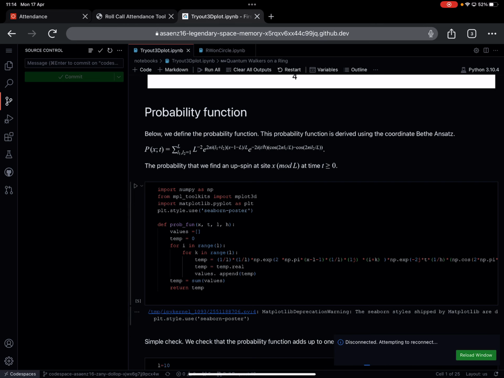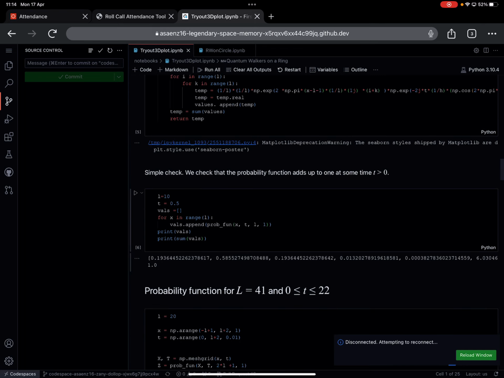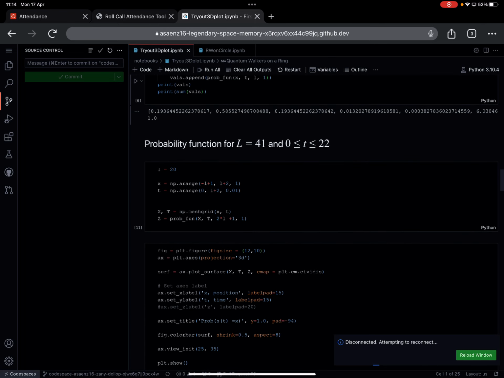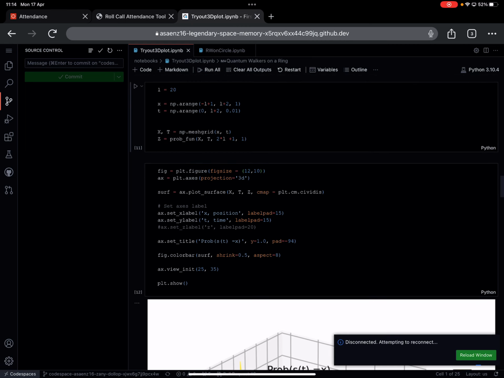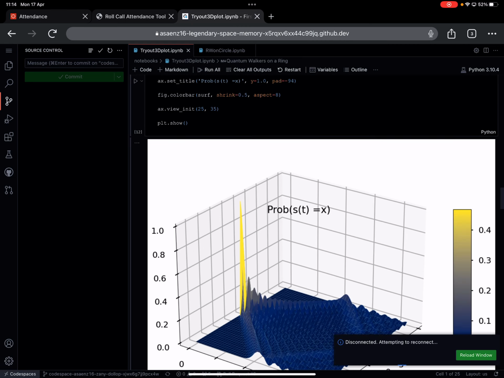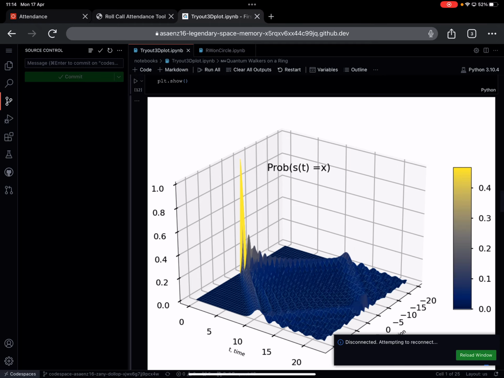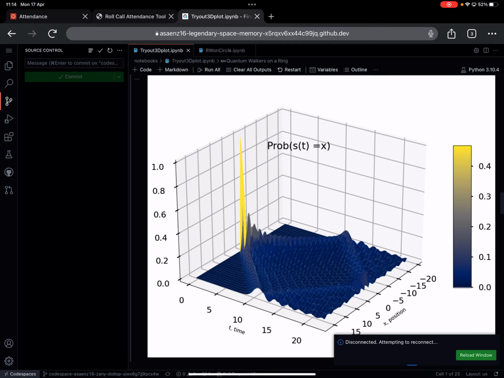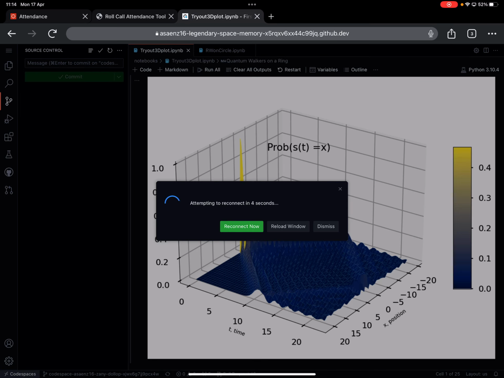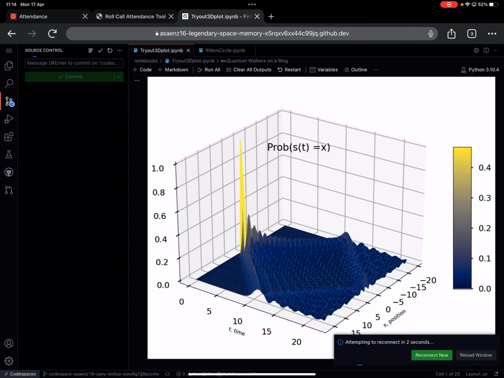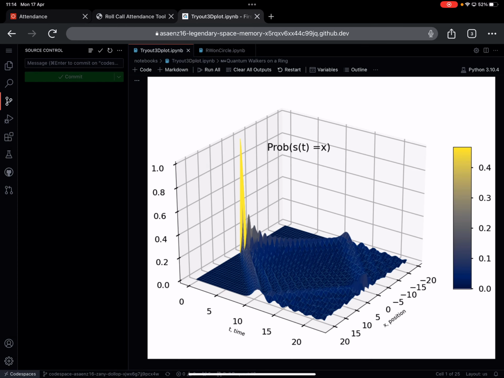initial condition. I take the size of the ring to be 41, the length of the ring, and I look at time from 0 to 22. The initial position is going to be 1. And I plot the probability function for the position of the upspin.